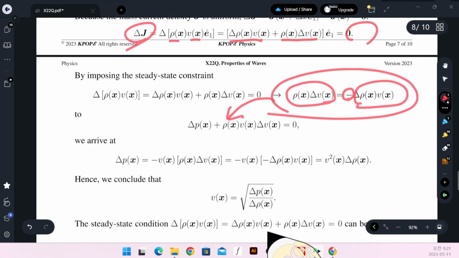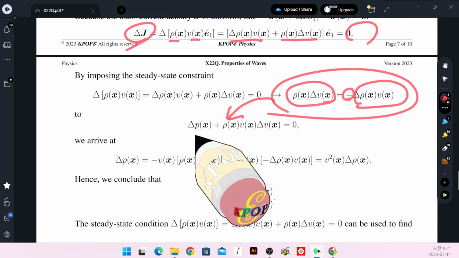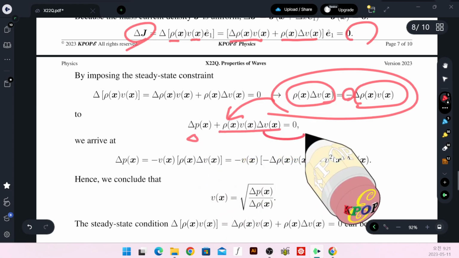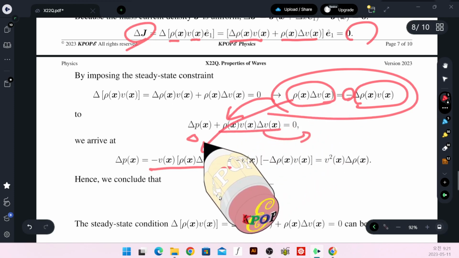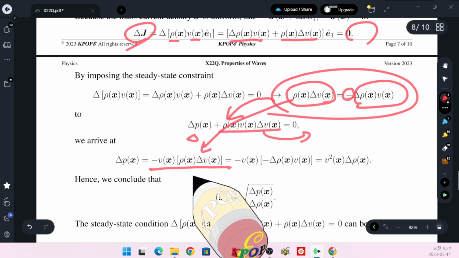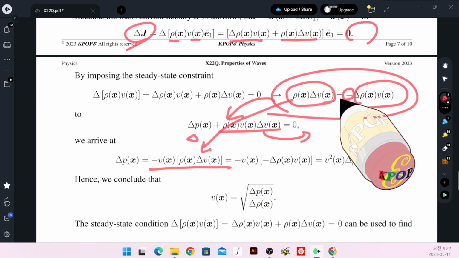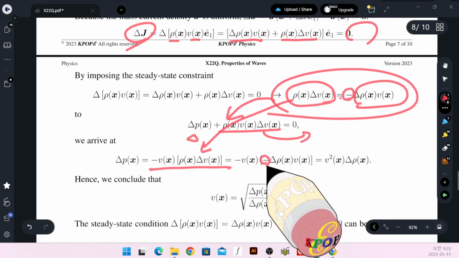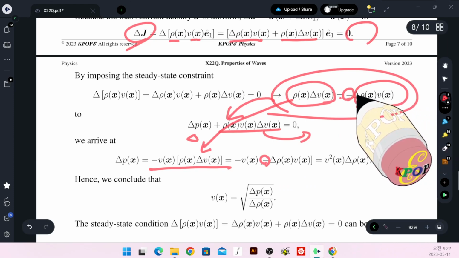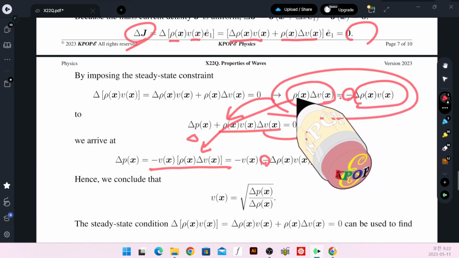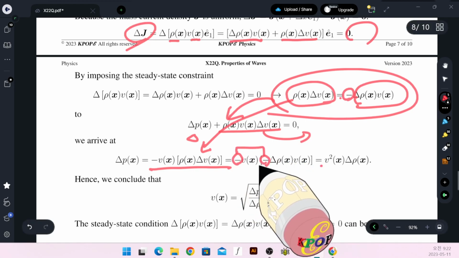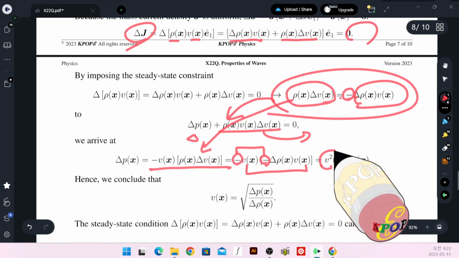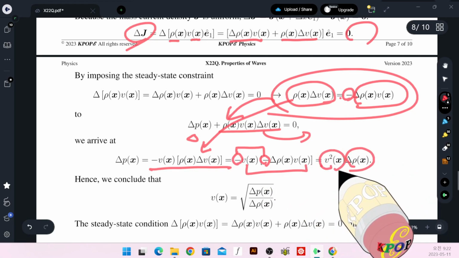Finally, you have delta P equals, if I move this one to the right-hand side, this, and what about this? This is this. I have flipped the sign, but exchanged the delta from V to rho. Minus minus plus, we have velocity squared and then delta rho.